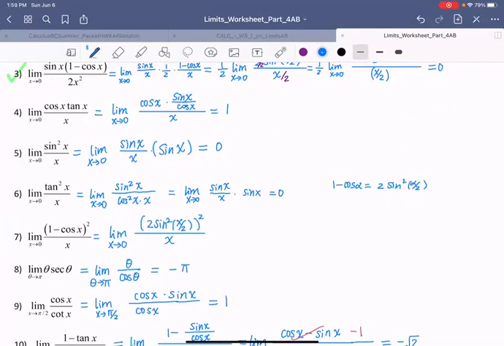Does this make sense, Emily? Yes. Okay. Now, we will write this down in this format. 2 squared is 4. This is sine x over 2 times sine x over 2, correct?